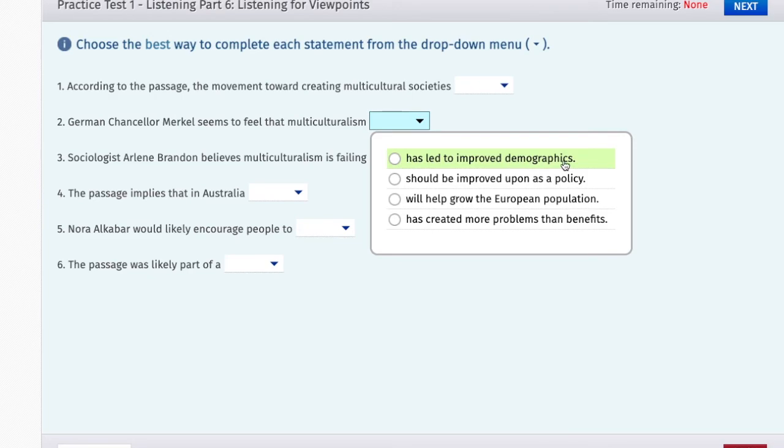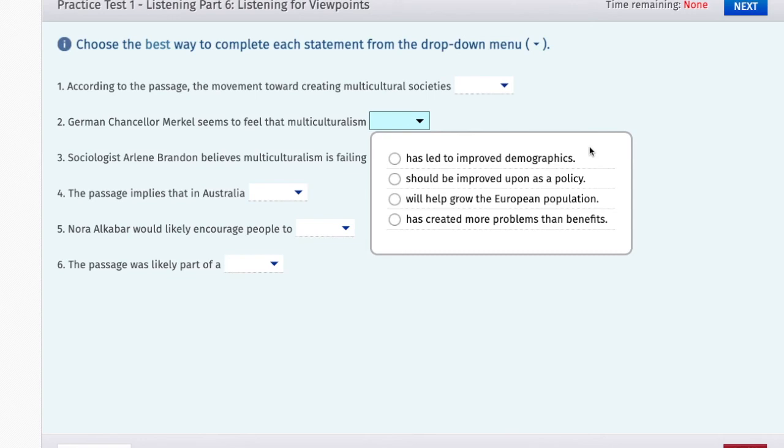I remember that word, and I remember that word related actually to Chancellor Merkel. And she was talking about multiculturalism, but did she mention that it had improved demographics? Actually, I don't remember it saying that it had improved demographics, meaning different types of populations, groups of people.